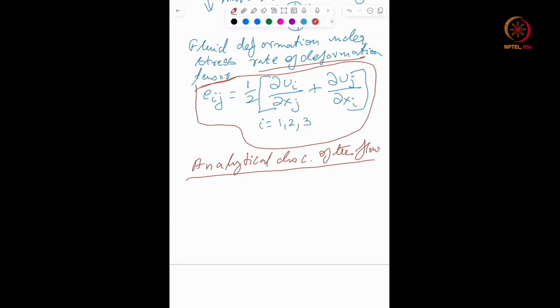They are based on the conservation principles. So how many conservation principles are there? There is conservation of mass, conservation of momentum, and conservation of energy. When you apply these to a closed fluid system, these principles give rise to a set of integral relationships.